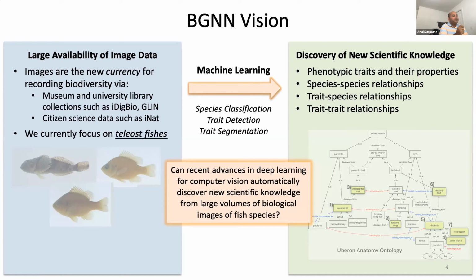Can we harness those recent advances in deep learning for a number of machine learning tasks, for example, for classifying species, for detecting traits, and even to segment the traits given these images, right? Once we are able to do that, it would lead to a lot of new knowledge, new insights that we would discover that is currently locked in these unlabeled large collections of images, right?